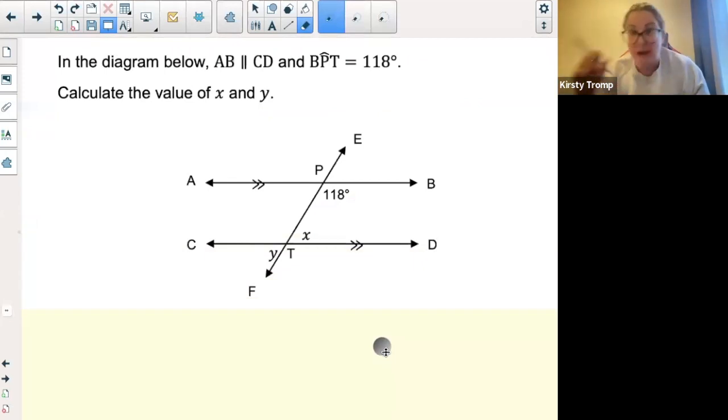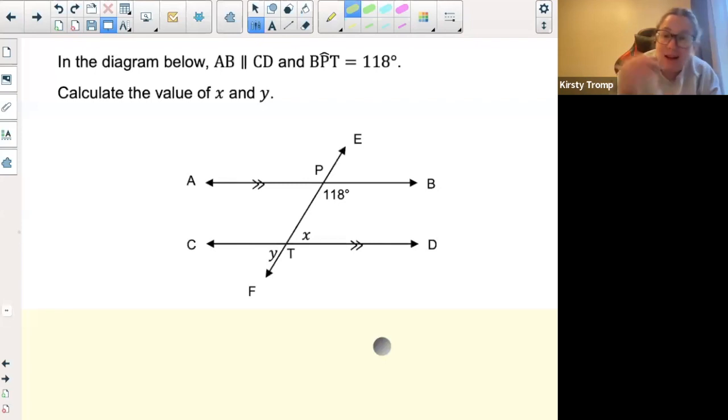I like to draw on my drawing first, but we'll read through the question. It says, in the diagram, AB is, and it's got those two little lines there. Those two little lines mean parallel. So AB is parallel to CD, okay? And angle BPT is equal to 118 degrees.